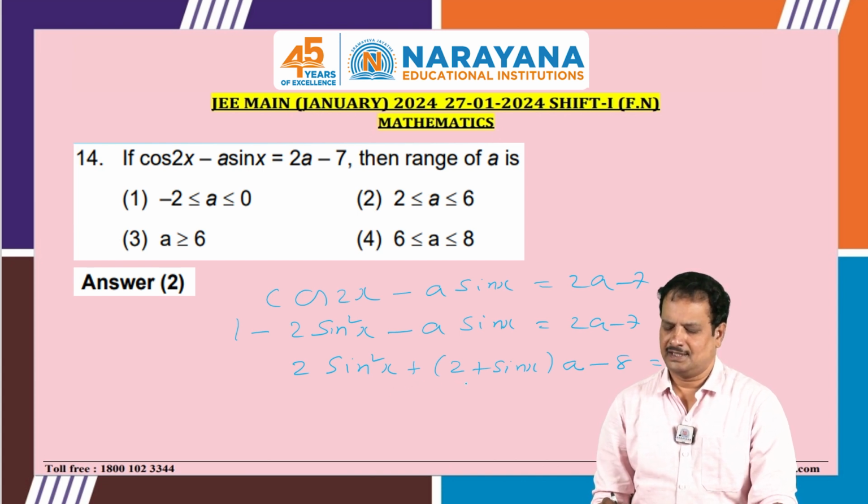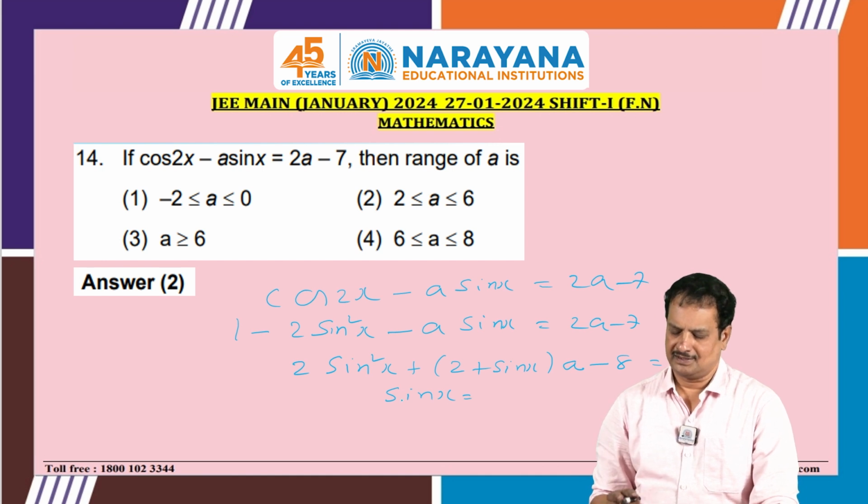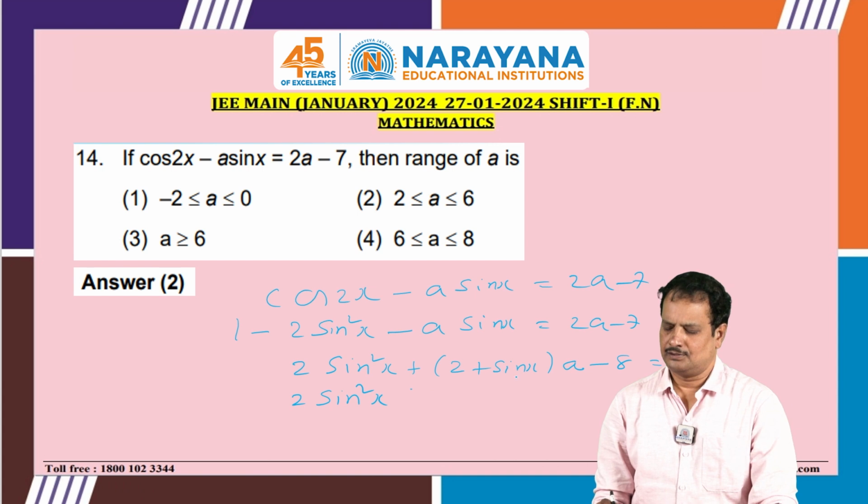Okay. So then you can find out the sin x value. Sin x equal to minus b, and because we can treat this one as a quadratic in sin x, the same thing can also be written as 2 sin square x plus a sin x plus 2a minus 8 equal to 0.